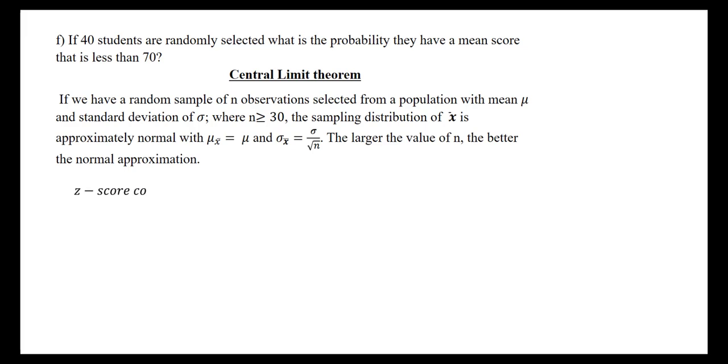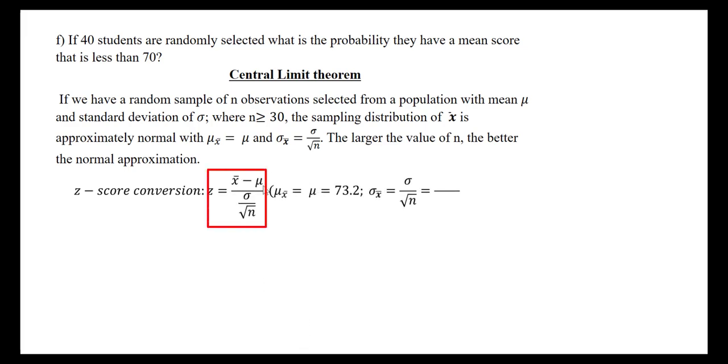So in this case, my z-score conversion will be done using this formula. You notice that my mu x bar is the same as mu, so I still have mu here. But in the denominator, instead of sigma, I will have sigma x bar, which is actually sigma over square root of n. So based on the information in that question, my mu x bar will be the same as the population mean, which in the question is 73.2.